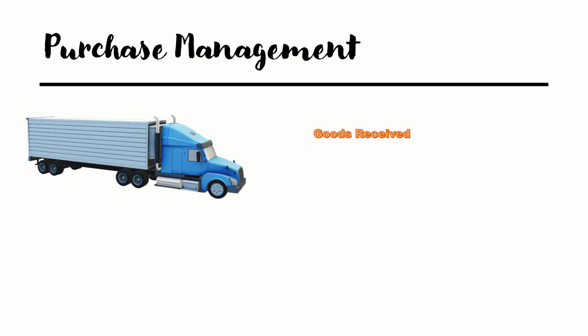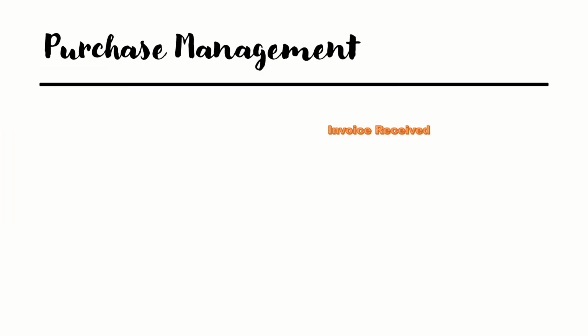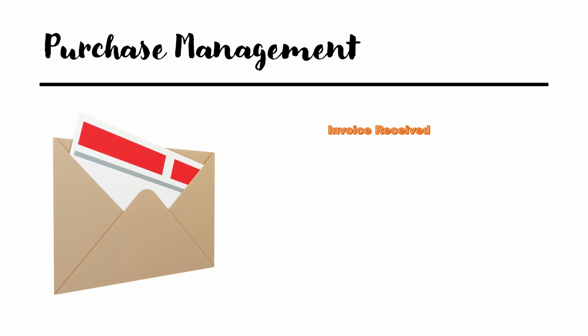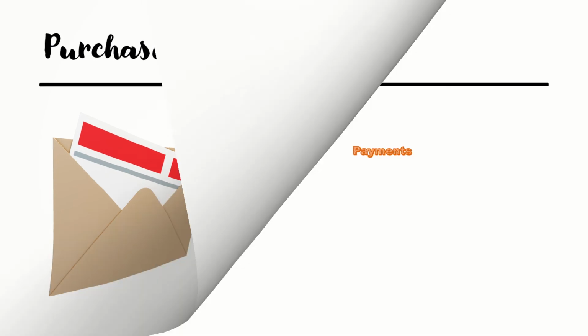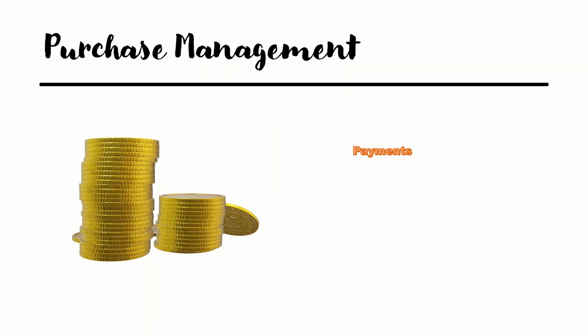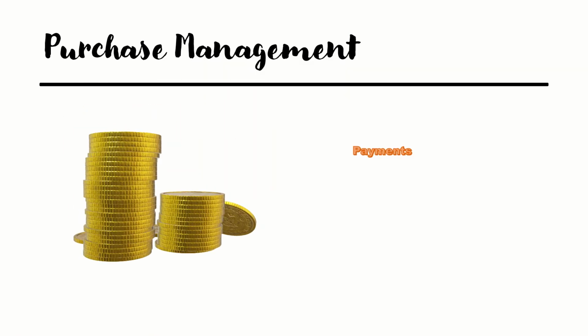Until then you should not make the entries. After goods received, next we go for the invoice received. You will receive the invoice, so you can account for it on the accounting side. And finally you can make the payments.